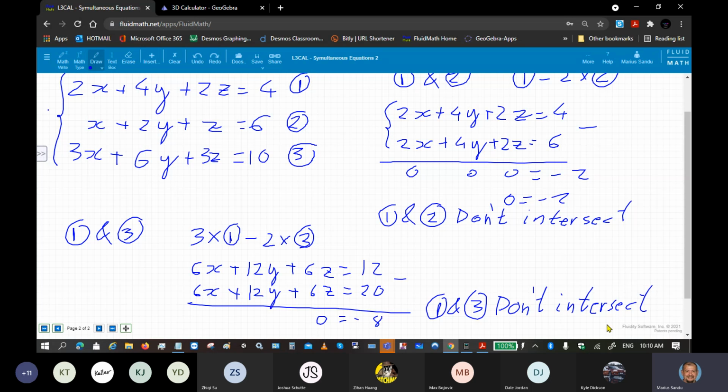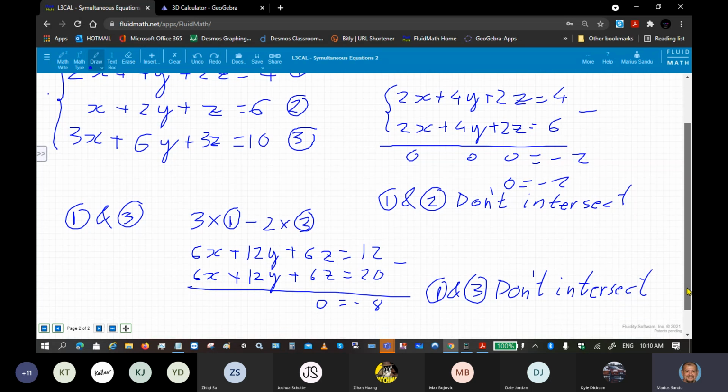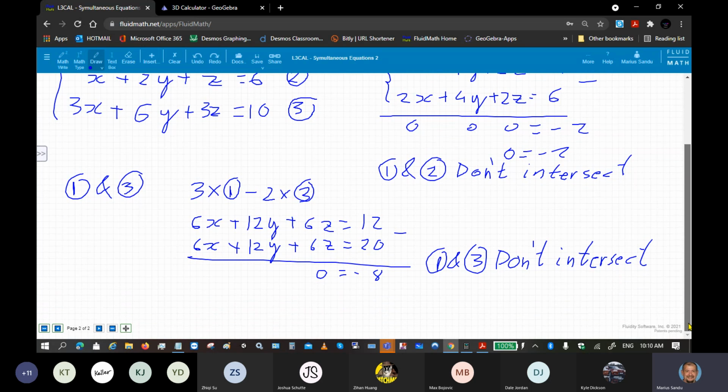Because I've got a nonsensical solution here, yeah? 0 cannot be equal to negative 8. Yeah, and now 1 and 2, 1 and 3 don't intersect. The only pair which I've still got suspicions about is 2 and 3.